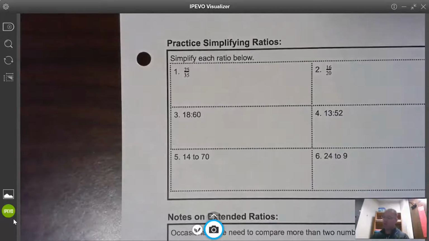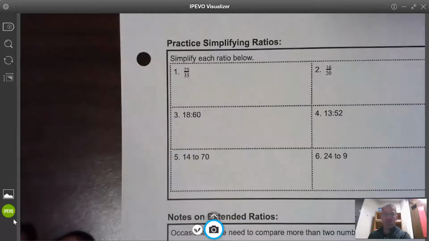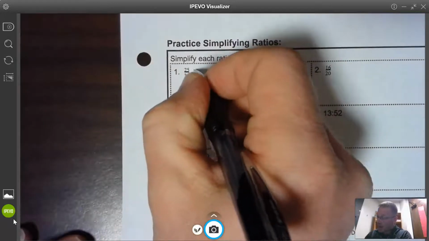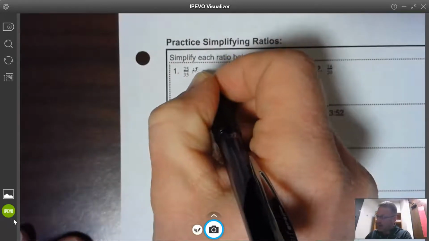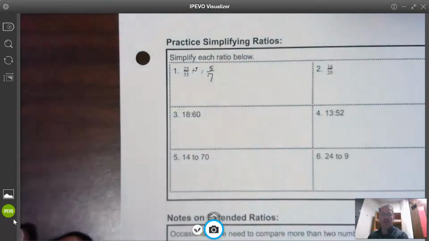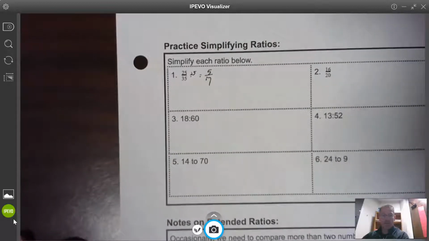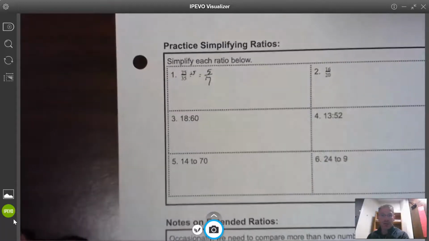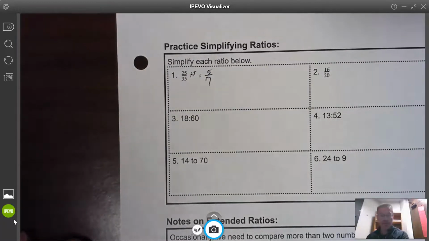All right, so now, when I look at 25 to 35, my GCF would be 5. So if I divide by 5, 25 divided by 5 is 5, and 35 divided by 5 is 7. So my reduced ratio is 5 to 7.